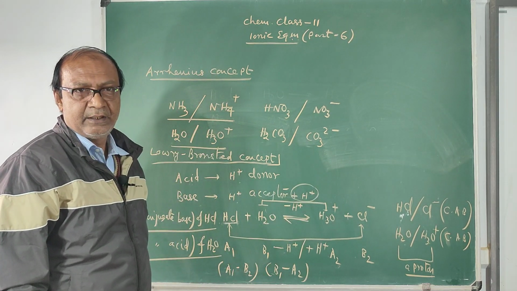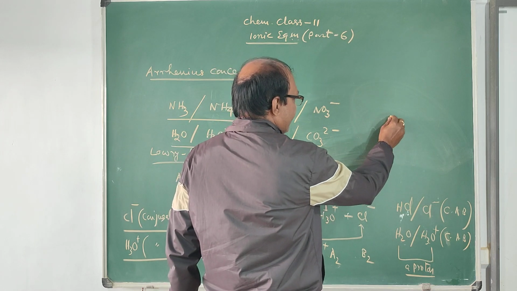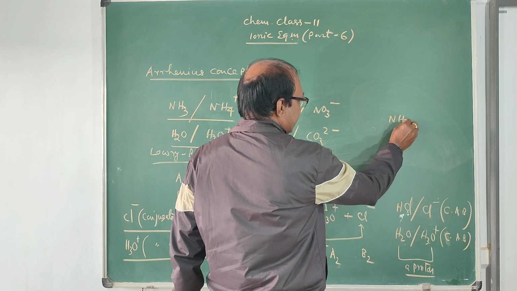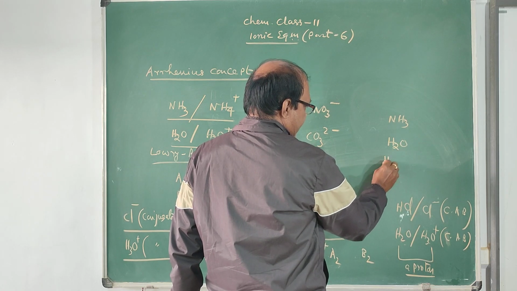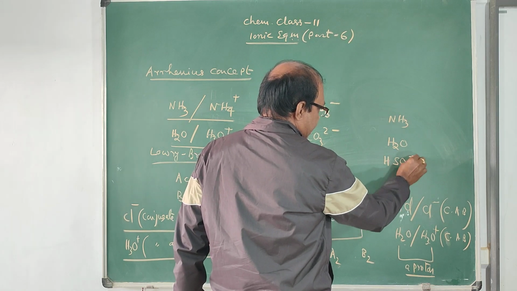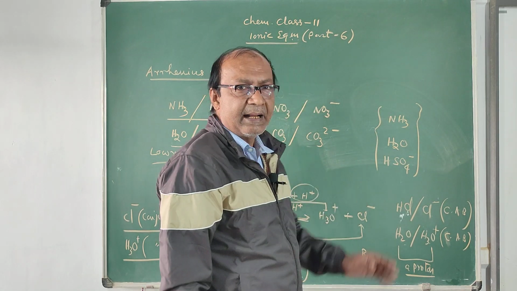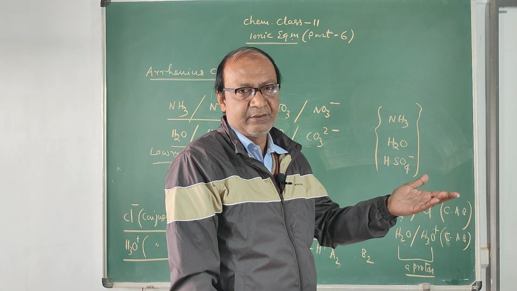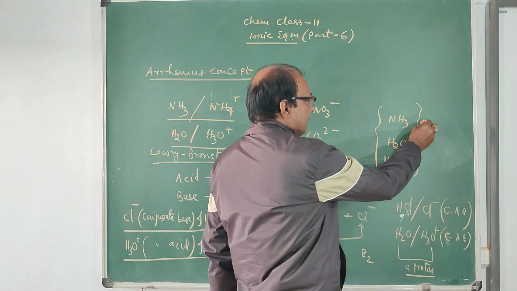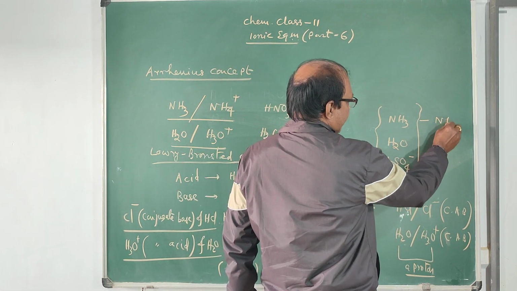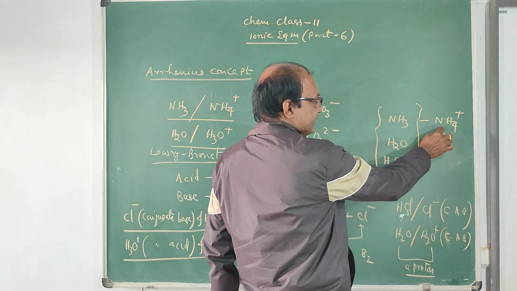Look at this. There are some species according to Bronsted theory, for example NH3, for example water H2O, for example HSO4-, which can act as an acid as well as a base. Ammonia: if ammonia is a base, its conjugate acid is NH4+.